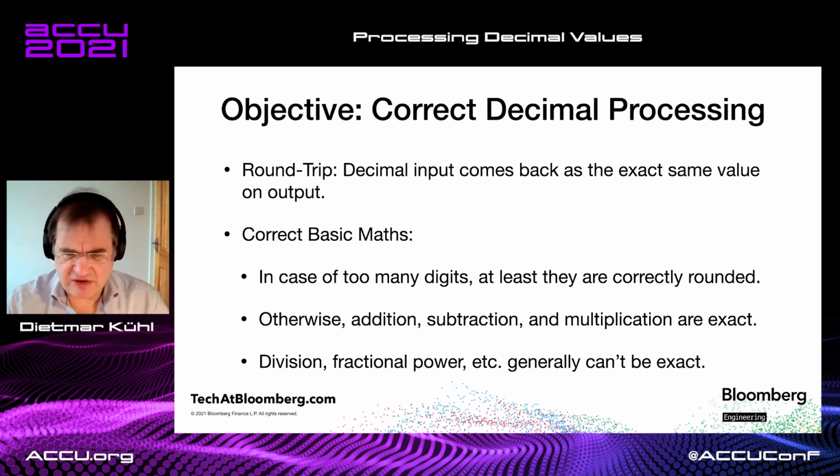So they generally can't be exact to start with. However, if we do process them, maybe rounding is a thing. I'm not going to talk about any of the power stuff because it's largely not relevant to anything I'm doing. And division can be exact, but only under very constrained conditions.